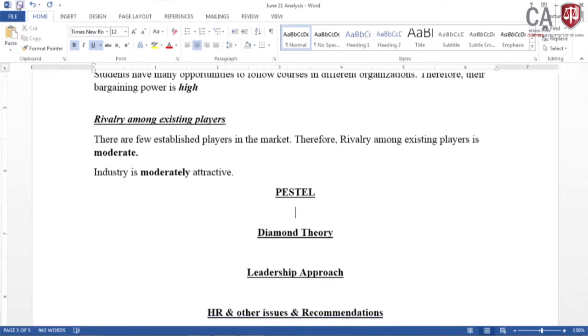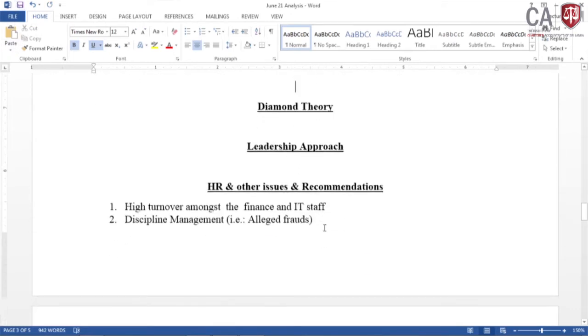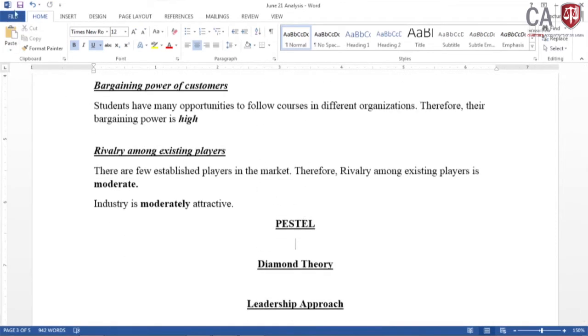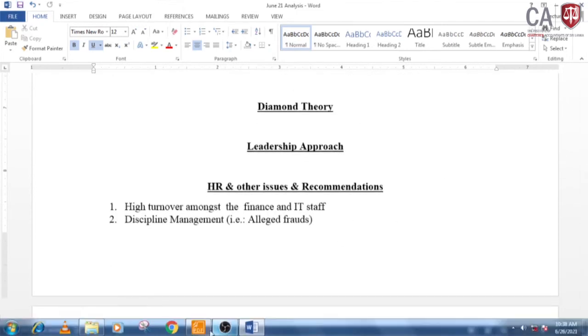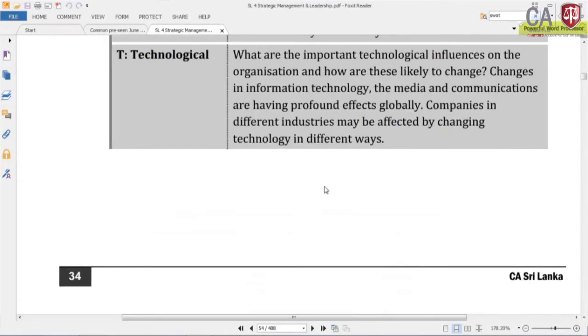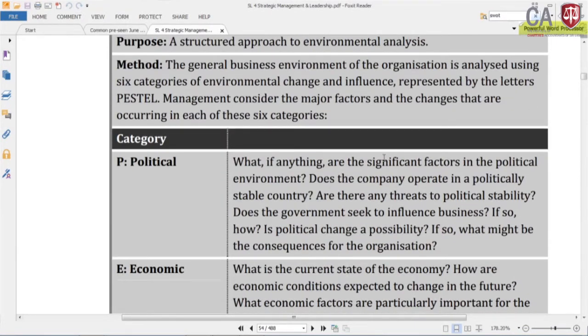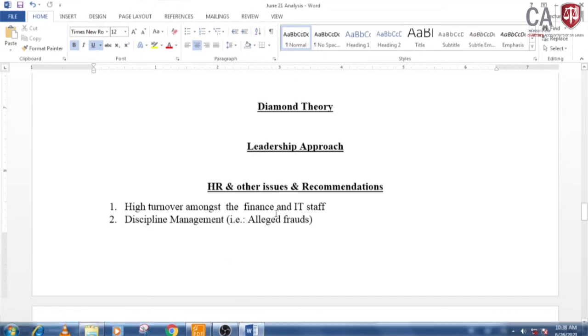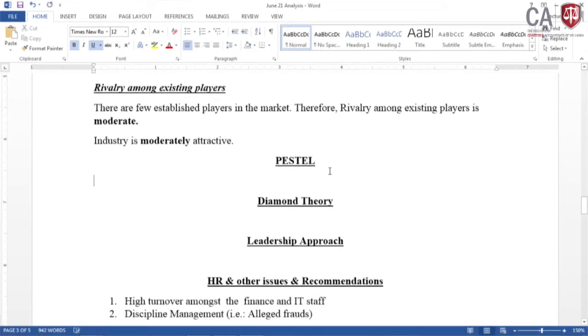Then you can look at PESTLE analysis also. P is for political forces, the political environment.